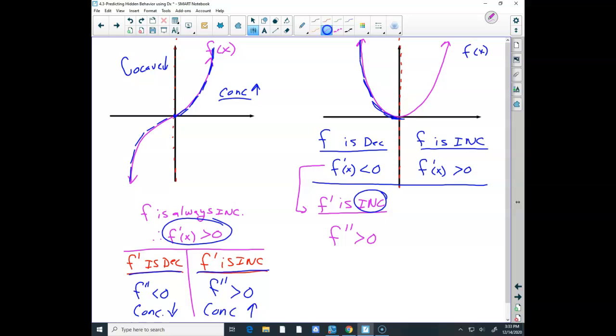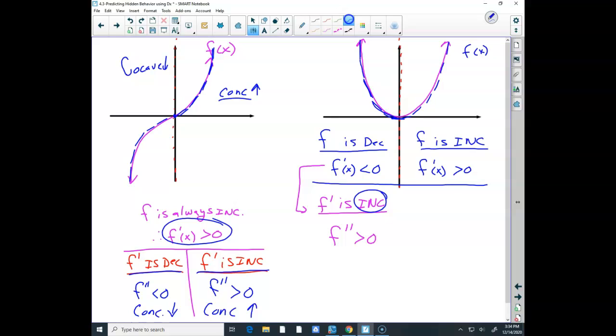And on the right side over here, f is increasing. Well, that means f prime is greater than 0. And on the other side of this, I can see I'm going from less positive to more positive. All those tangent lines are actually gaining value.